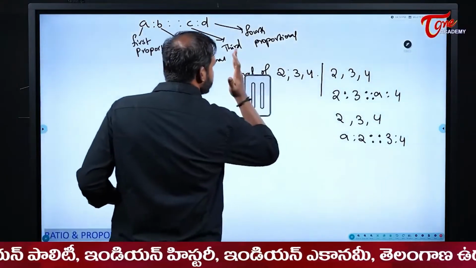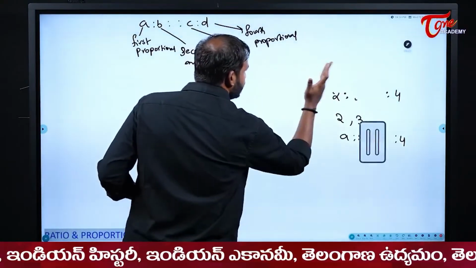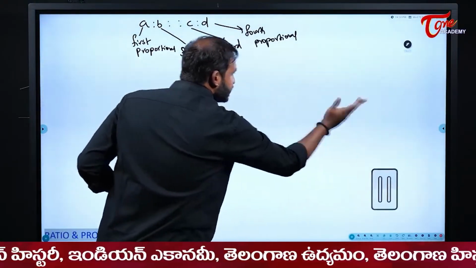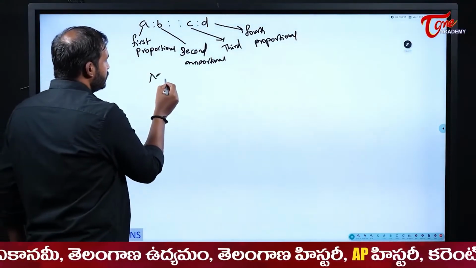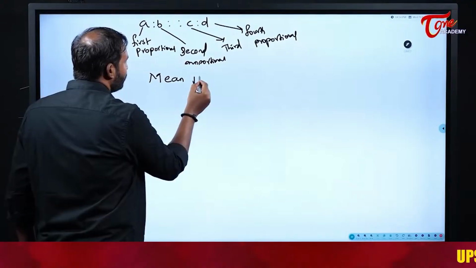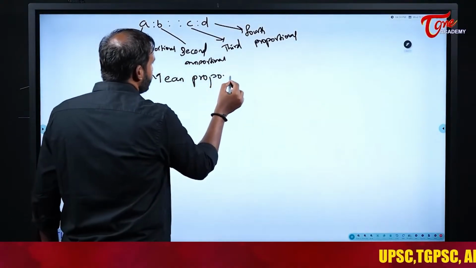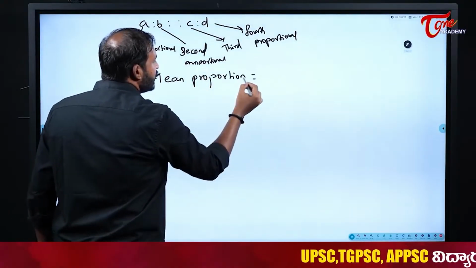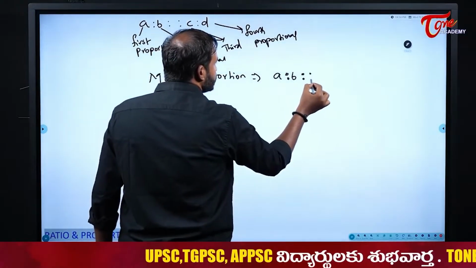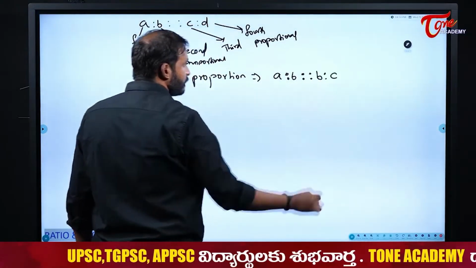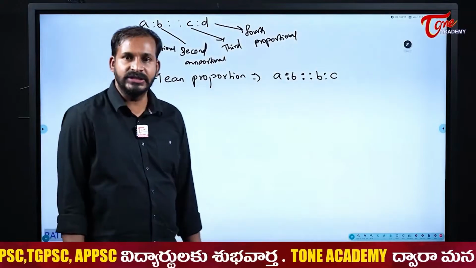What is this mean proportion and under which context will we come across it? When they ask you about the mean proportion, usually proportion means the ratios A:B proportional with B:C.